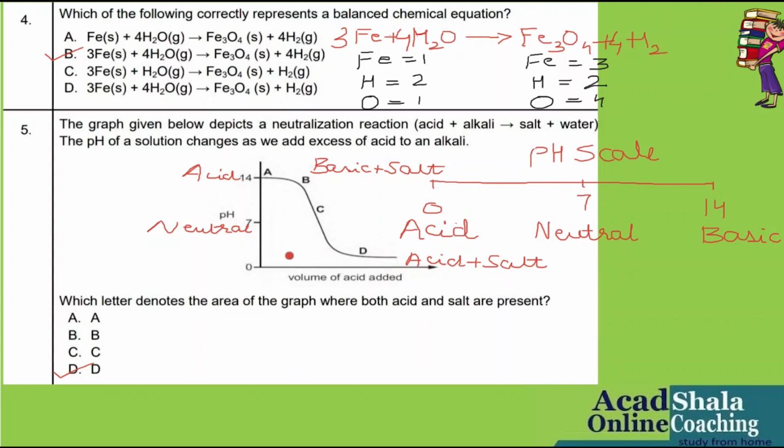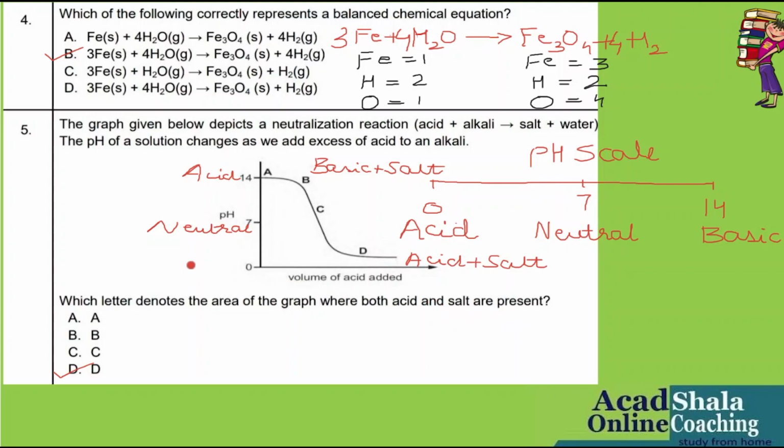Now, what is the question? I have understood the graph very, very well. Now, the demand of the question is, which letter denotes the area of the graph where both acid and salt are present? So they are saying, according to this, out of 4 points, which is the exact point where both acid and salt are present?